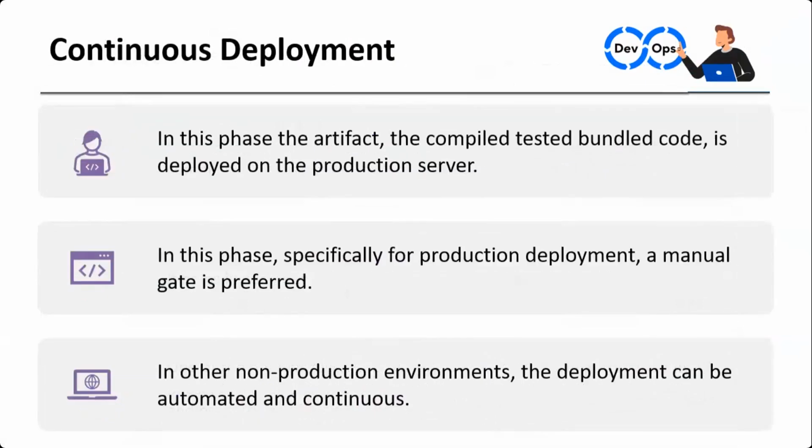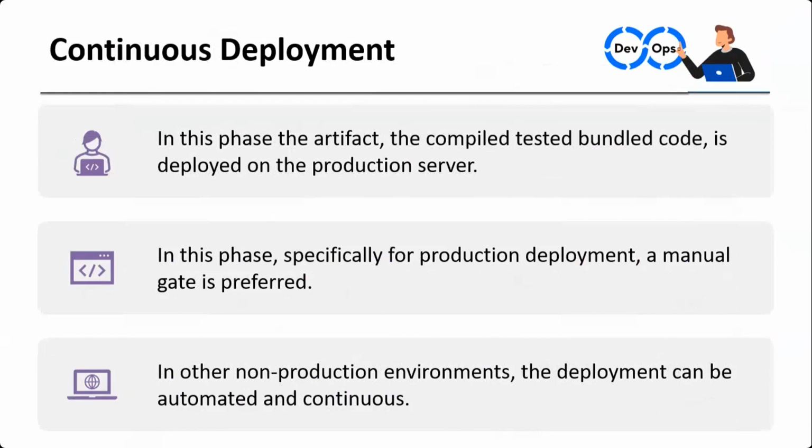Then we move to CD, which is continuous deployment. It's a very critical phase in the DevOps lifecycle that focuses on delivering code changes to the production environment and other stages. In production deployments, the software often includes a manual phase for review and approval to ensure the highest quality and reliability.